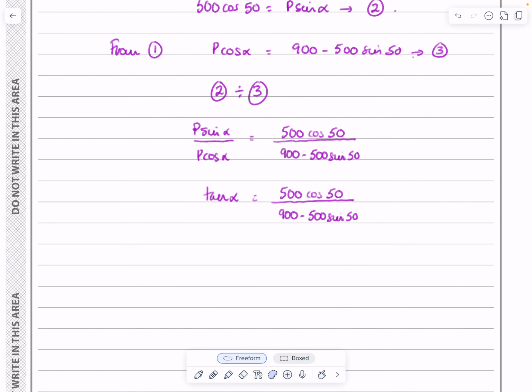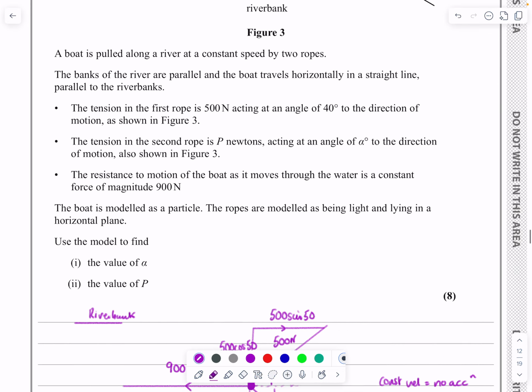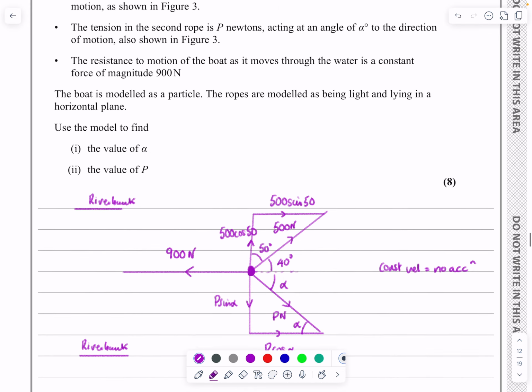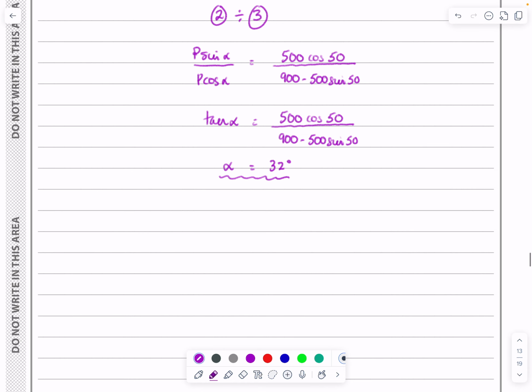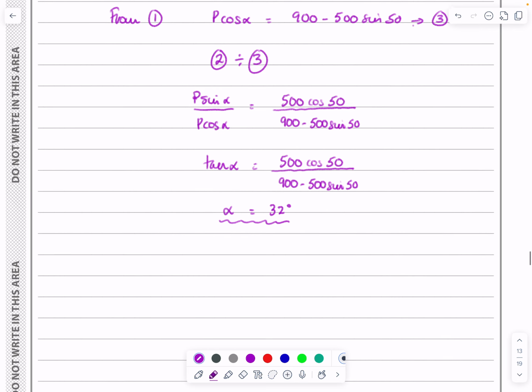And so alpha, just tan to the minus 1 of that, works out to be equal to 32 degrees. Did it say anything about the degree of accuracy? It didn't, so I'm going to do it to the nearest degree there. And once I've got that, I can then work out P by putting it into either one.